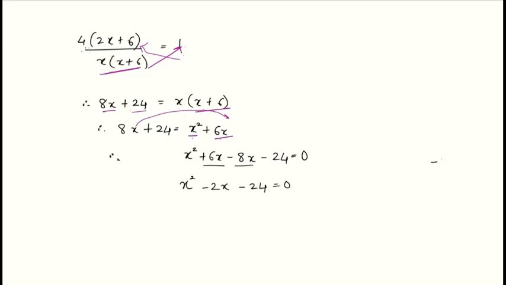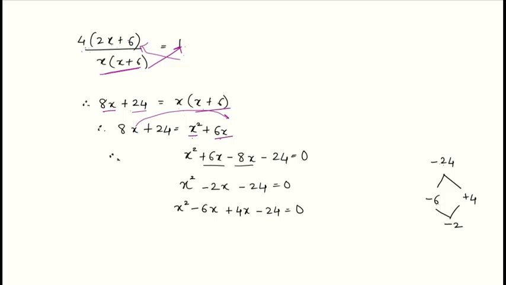So we need such values where multiplication will give us minus 24 and addition should give us minus 2. I have two numbers in my mind: 6 and 4, whose multiplication is 24, and with the sign of minus into plus being minus, and addition of minus 6 and 4 gives us minus 2. So this can be written as x squared minus 6x plus 4x minus 24 is equal to 0.